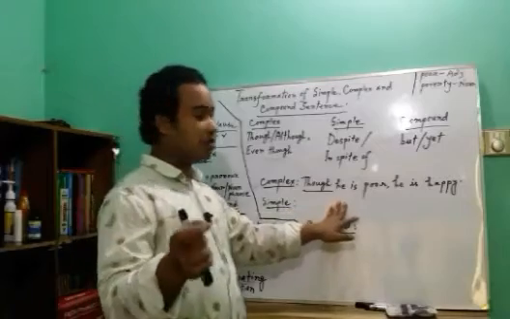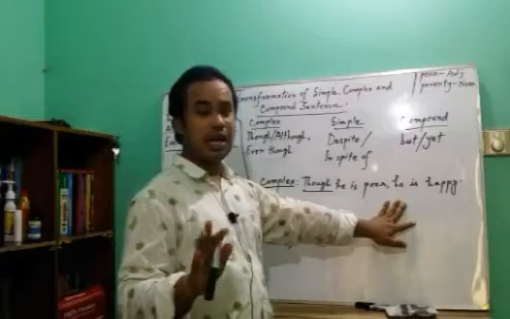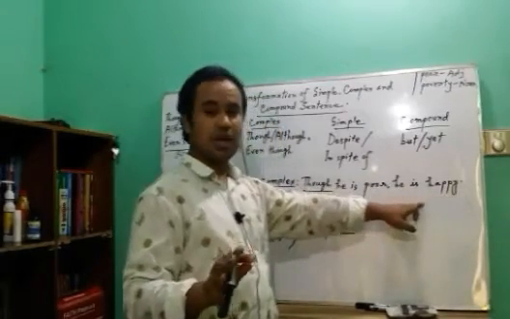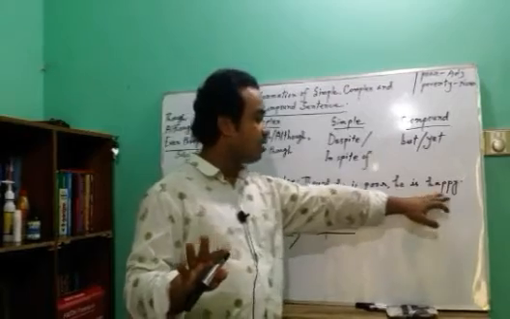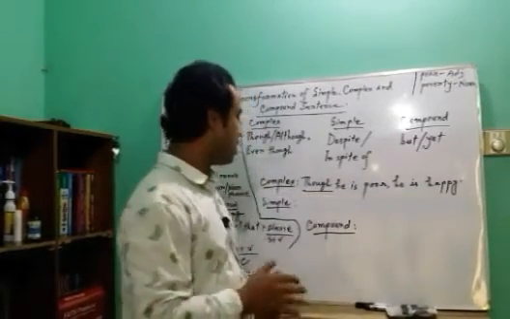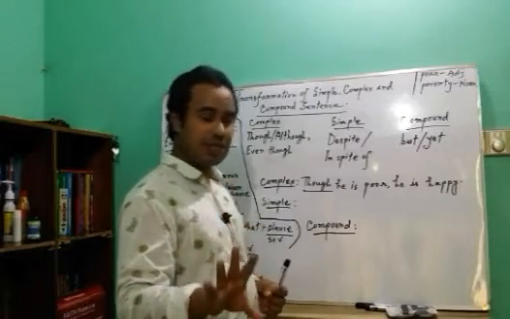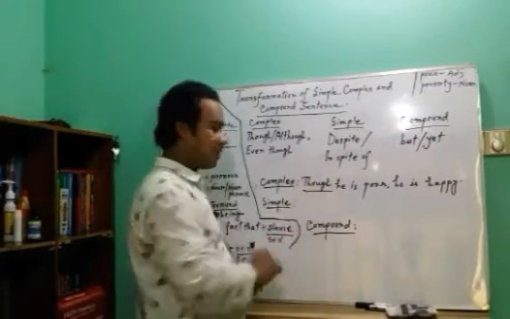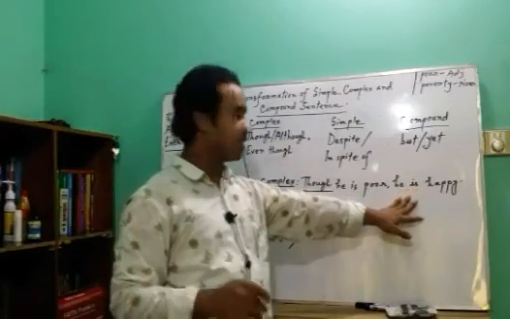Or you can say a complex sentence is just a sentence that has a principal clause. Every clause begins with a subject and verb. A principal clause and one or more subordinate clauses begins with a subordinating conjunction. Though he is poor, he is happy. This is a complex sentence.